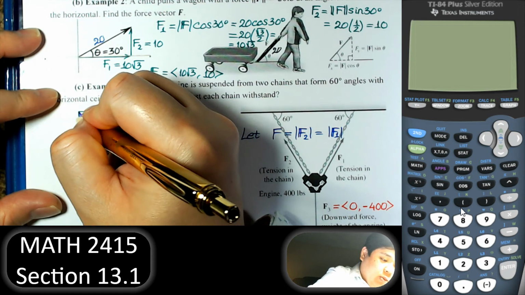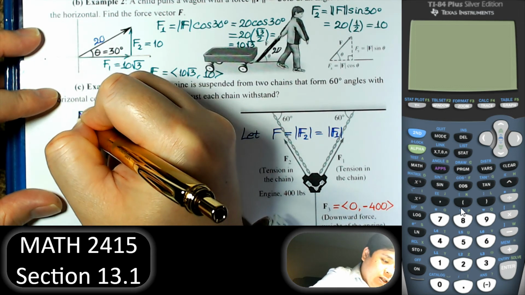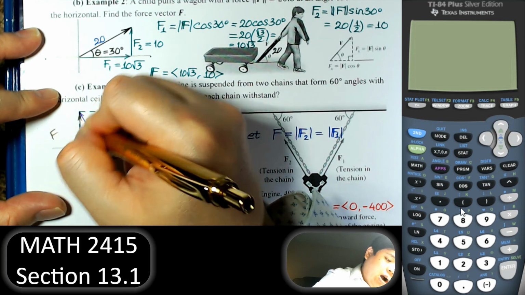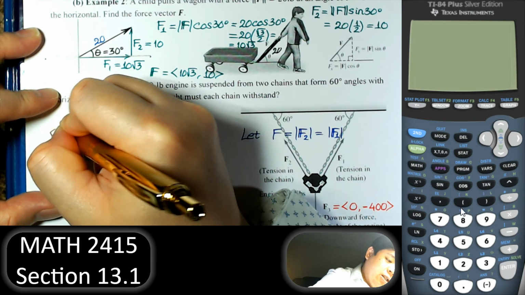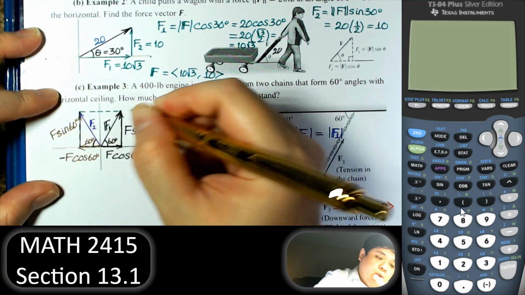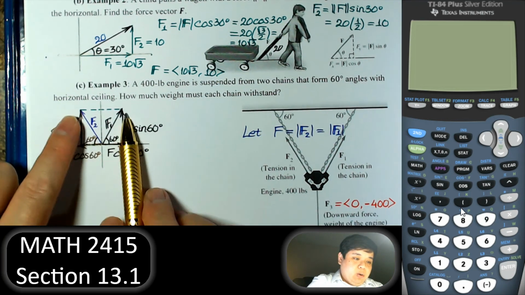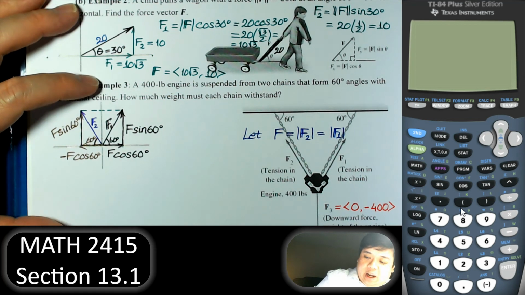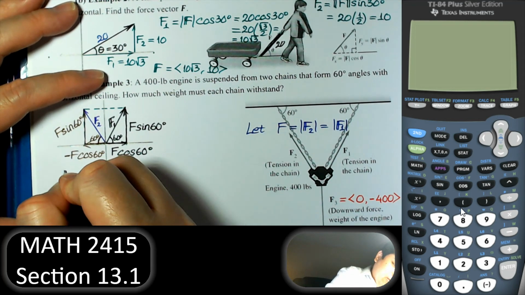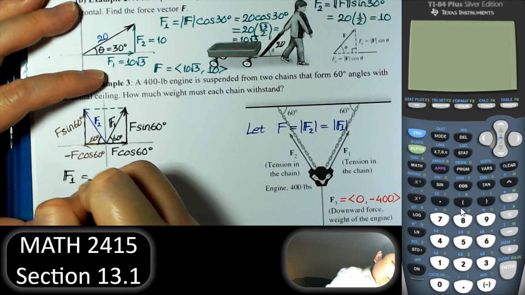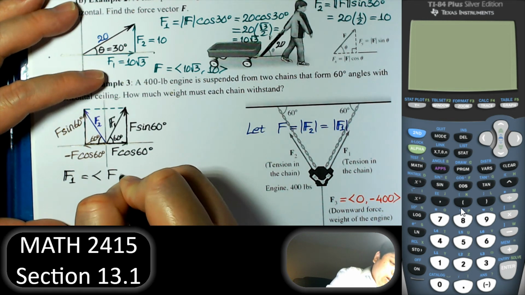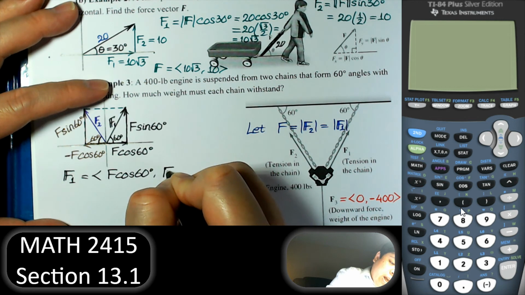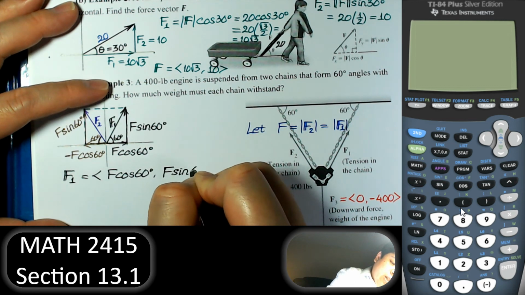Now we have one component, and the other component is going to be F sine of 60 degrees, still positive. So even though we can decompose like this, we can put both of them into a vector. Bottom line is the first vector F1 is equal to F cosine of 60, F sine of 60 degrees.